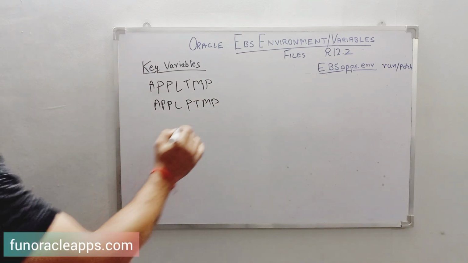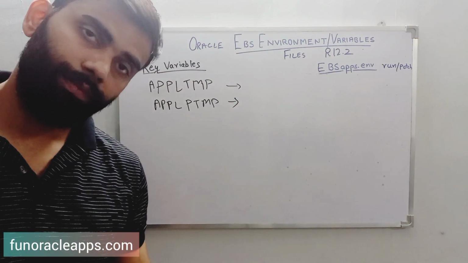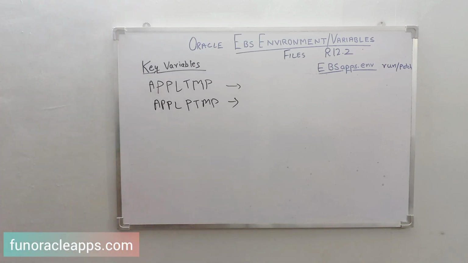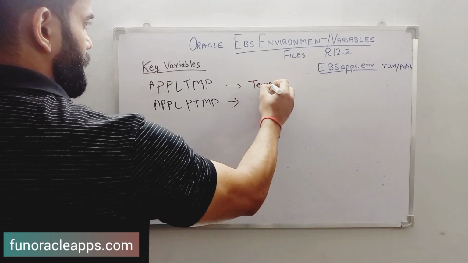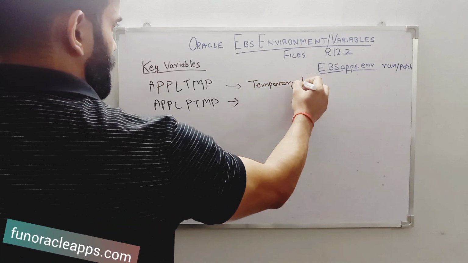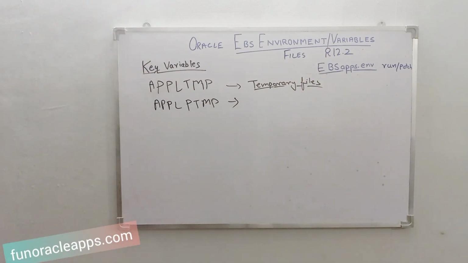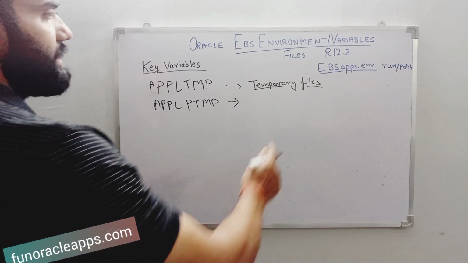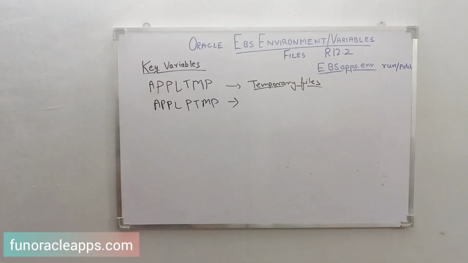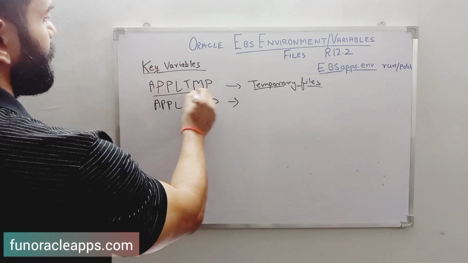These are two important variables again. Now what are these? APPL_TMP is a directory in Oracle EBS. What is it used for? This is used for your temporary files, and the default location would mostly be your instance top appl tmp. So whatever temporary files are used by E-Business Suite will be kept under this APPL_TMP path, whatever you have set.